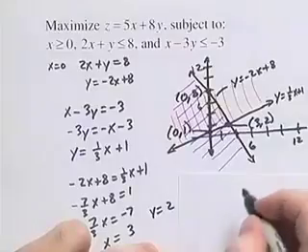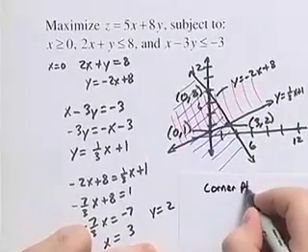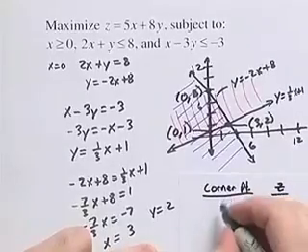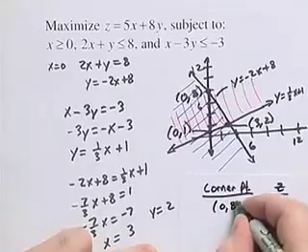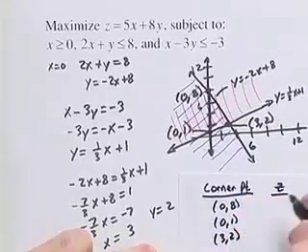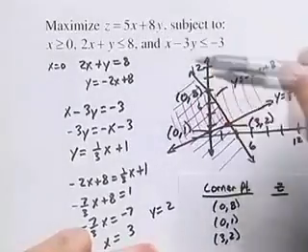Since we know that the maximum value of our objective function must occur at one of the corner points, we simply evaluate the objective function at each of our 3 corner points. So we're going to list our corner points, and we're going to use those to evaluate the objective function. We have 0, 8, 0, 1, and 3, 2. Put in 0, 8 into our objective function, we'll have 5 times 0 plus 8 times 8.